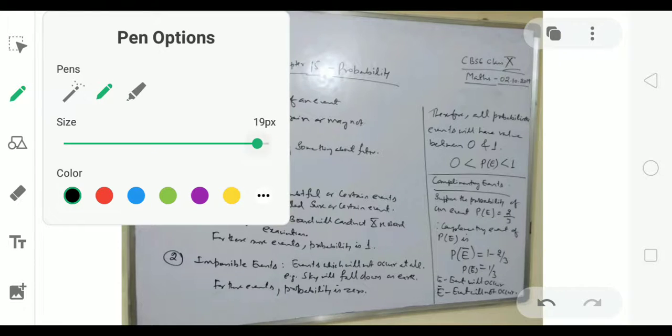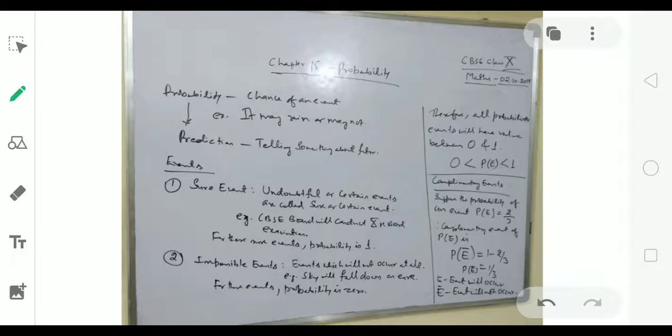Okay, so now we can see that the word probability actually has come from probable, and probable means some chance. It may or it may not, correct? So chance of an event is called probability. Like an example I have already given, that it may rain or it may not.